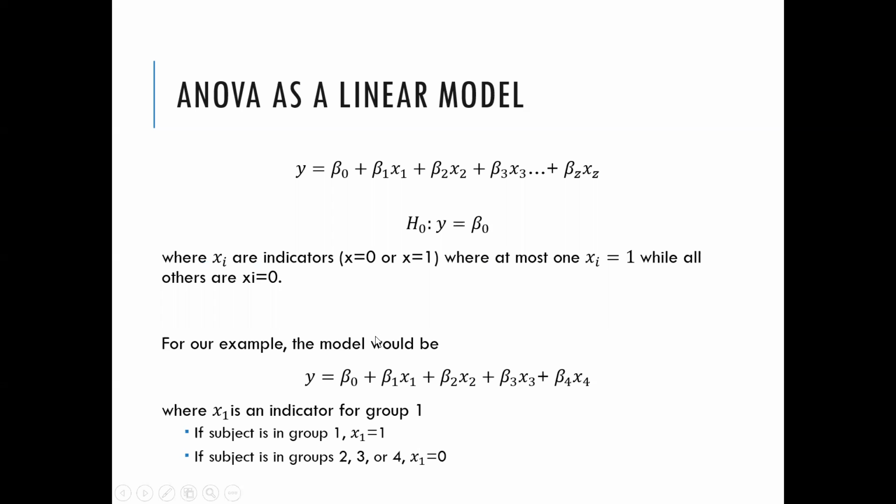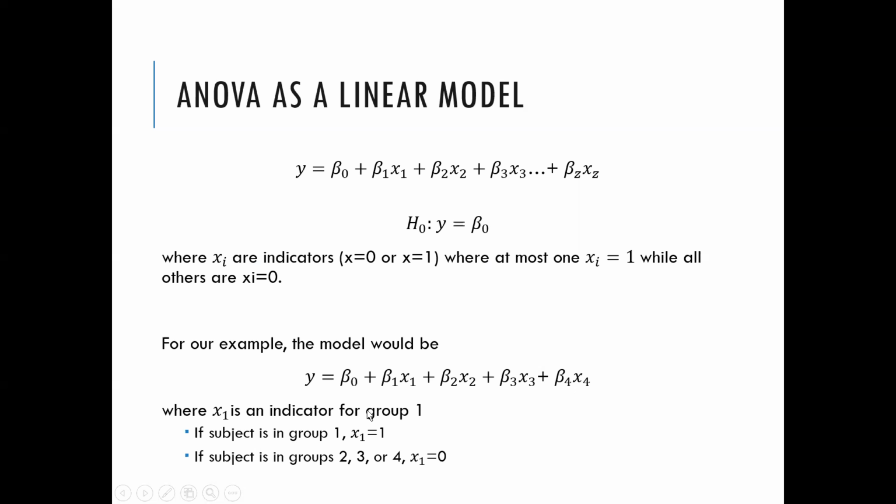So in our example, the model would be depicted here. So we had four groups, and x sub i would just be an indicator for each group. I'm sorry, X1 would just be an indicator for group 1, X2 would be an indicator for group 2, X3 would be an indicator for group 3, and X4 would be an indicator for group 4.